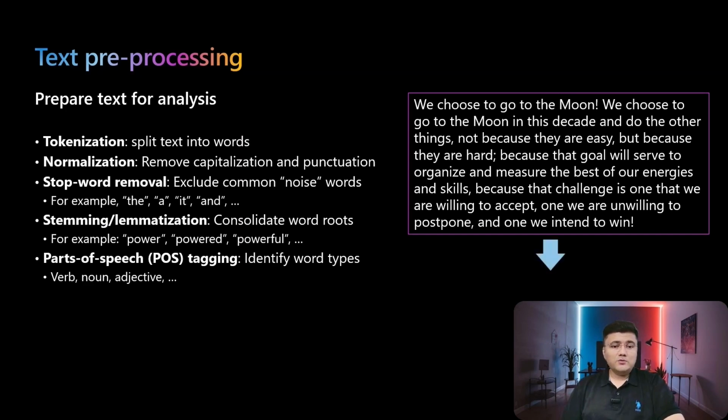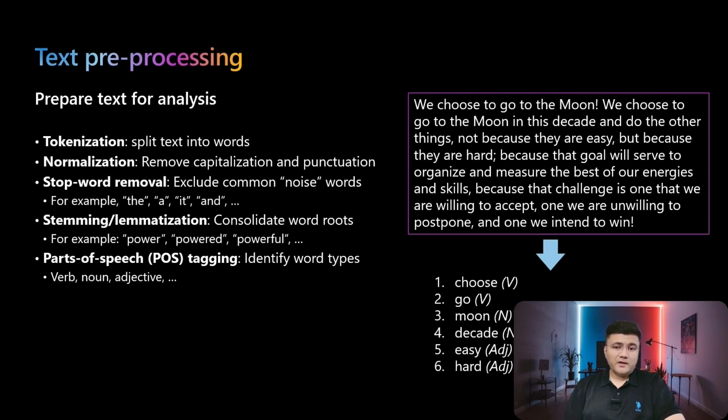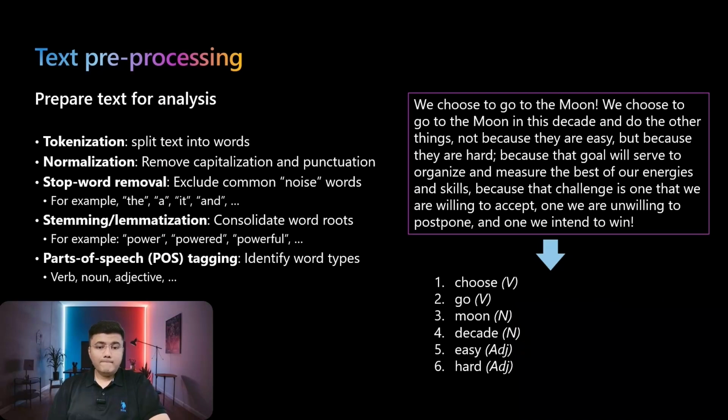First, I want to make sure it finds some particular word associations. This is a speech of John F. Kennedy, associated with the moon. When I process this, it focuses on certain words, like choose, go, moon, decade, easy, hard.